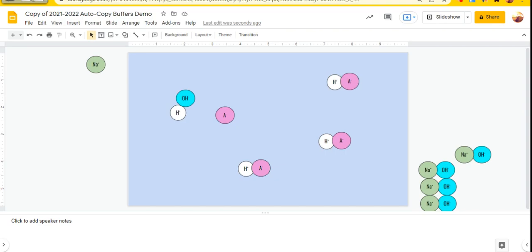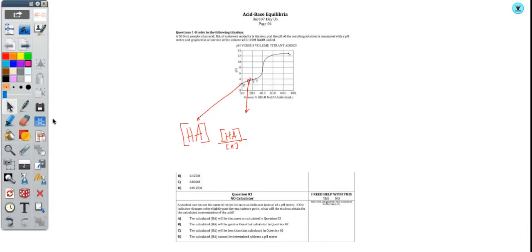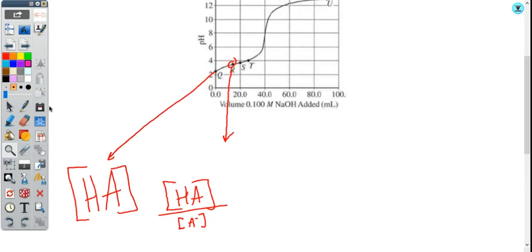form conjugate base. As I keep going here, this is that special point that I was talking about, point S, where at this point, the half equivalence point, and I don't realize it's the half equivalence point yet, I have consumed enough of my weak acid and produced enough of my conjugate base that those two things are now in equal concentration.